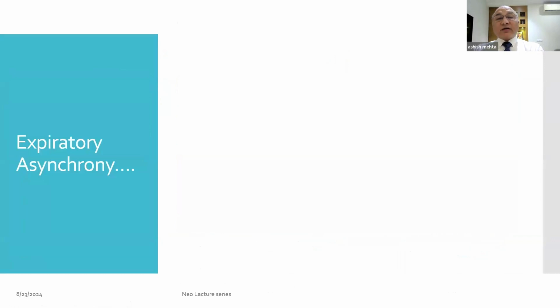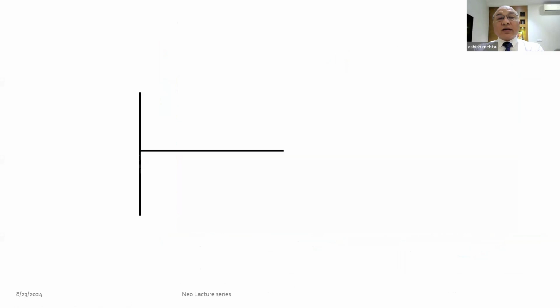But the problem with assist control or SIMV is that only the beginning of inspiration is synchronized. You can see here that this is a spontaneous breath, a negative pressure breath is delivered, a positive deflection happens, and this is your mechanical breath. You can see here that the patient is getting into exhalation, but the machine is still in the inspiratory phase.